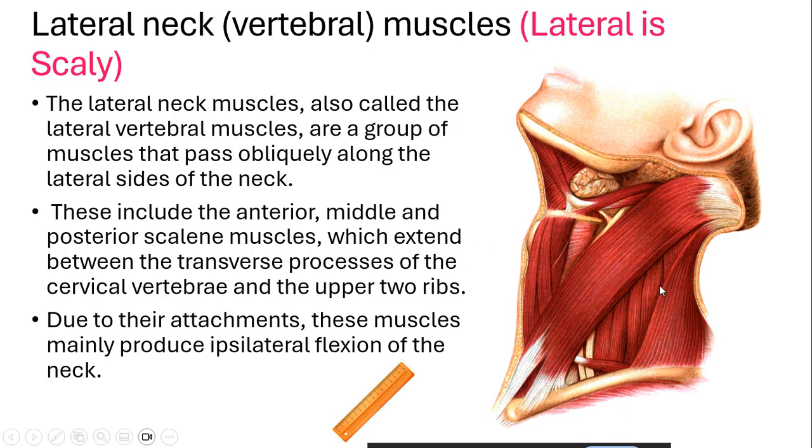This includes the anterior, middle, and posterior scalene muscles, which extend between the transverse processes of the cervical vertebrae and the upper two ribs. Due to their attachments, these muscles mainly produce ipsilateral flexion of the neck. Remember that lateral is scalene. So it has three parts, right?